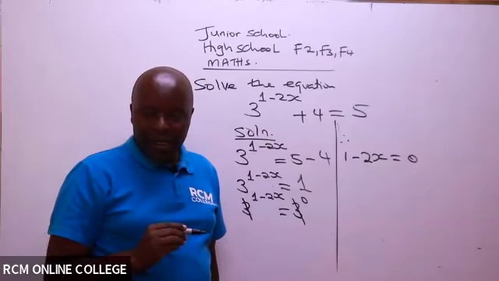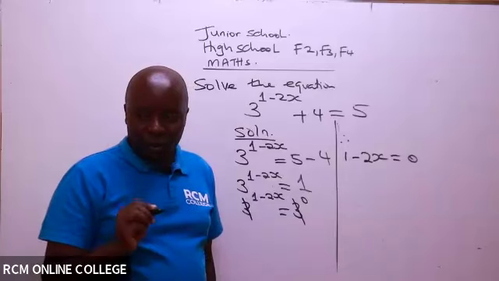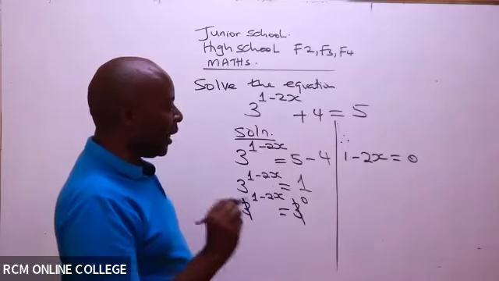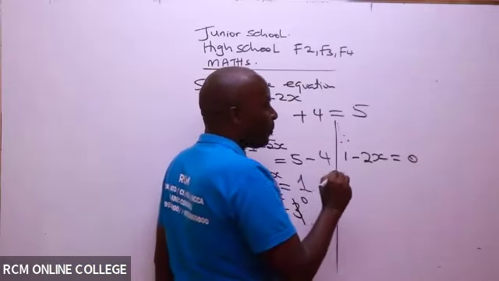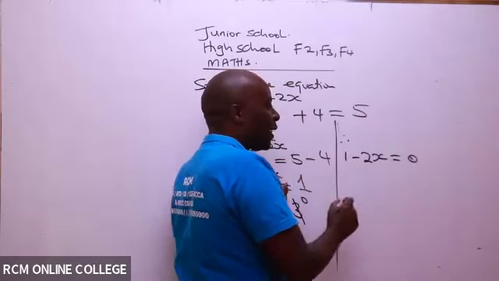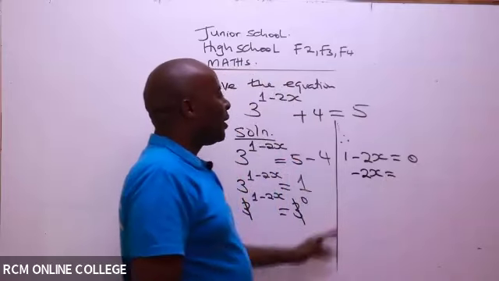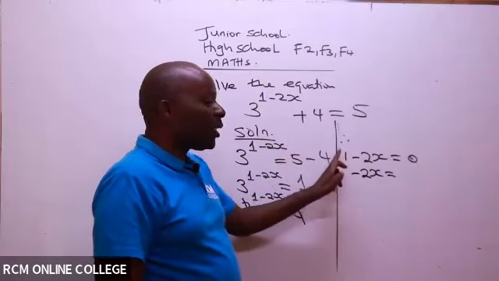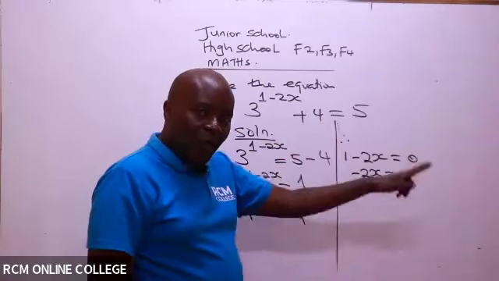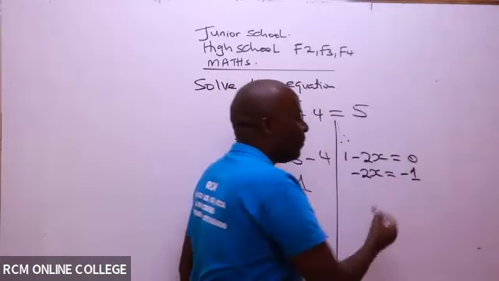All right. Then please go ahead and make x the subject of the formula. If we make x the subject, to be left on the left side alone, it will be minus 2x equals, this one is positive, on crossing over it changes, so it becomes minus 1.